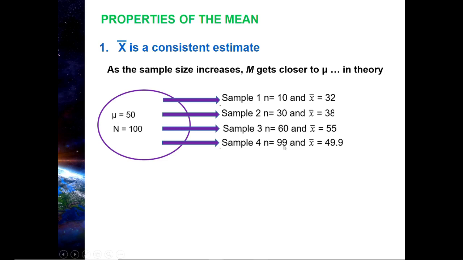Now, with all but one score in your sample, you would expect X bar to be really, really, really close to the 50, right? Because you're only missing one person's score. So in theory, you should be very, very close.